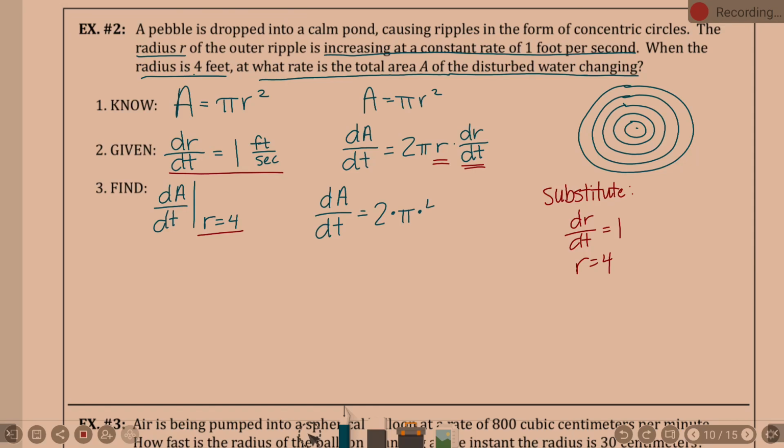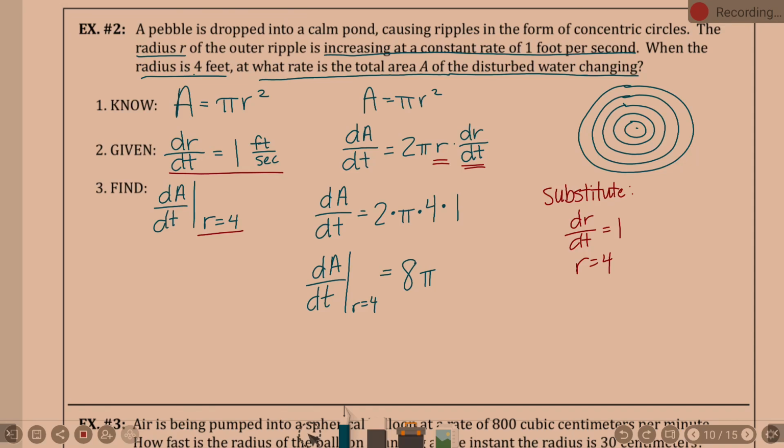They told us to find this when r equals 4. dr dt we identified to be 1. What is 2 pi times 4 times 1? 8 pi. That's dA dt when r equals 4. You can leave it as 8 pi unless for some reason they want a decimal.